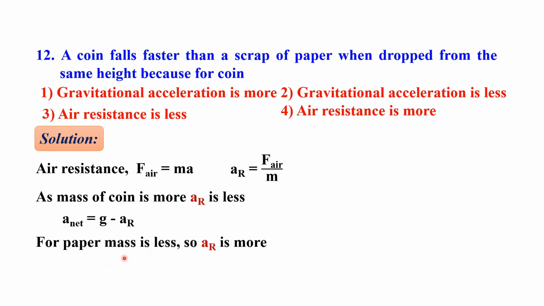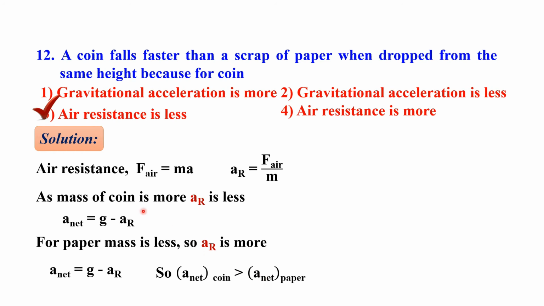For paper, mass is less, so the air resistance acceleration is more. So net acceleration is g minus AR. So the net acceleration of the coin is greater than the net acceleration of paper.